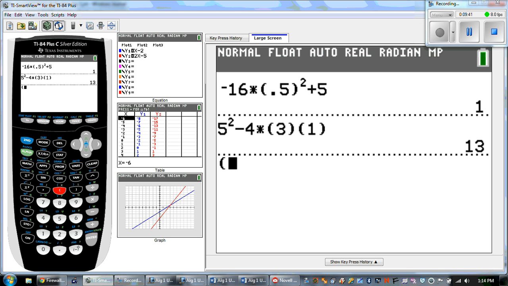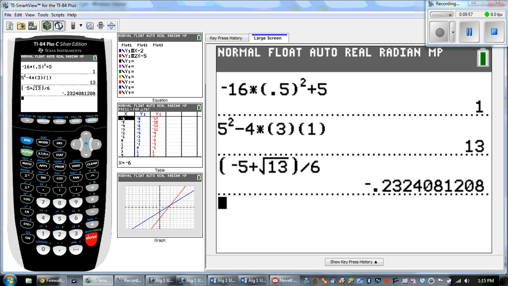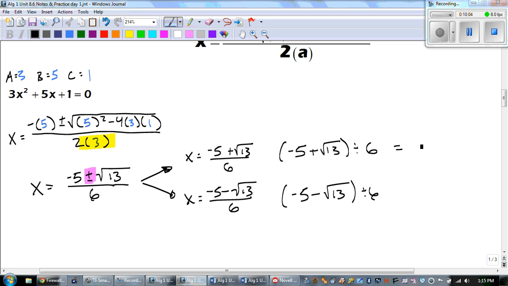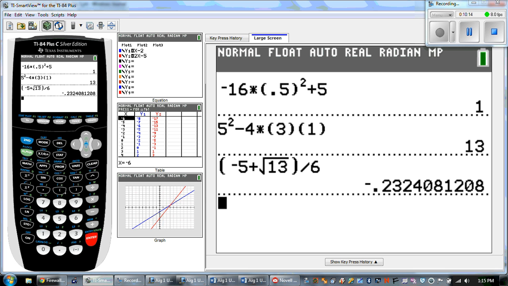Okay? So when you plug that into your calculator, let's do the first one. In parentheses, I have -5 plus the square root of 13, divided by 6. Okay, so that's negative 0.23. And then over here on the bottom, we do it again.